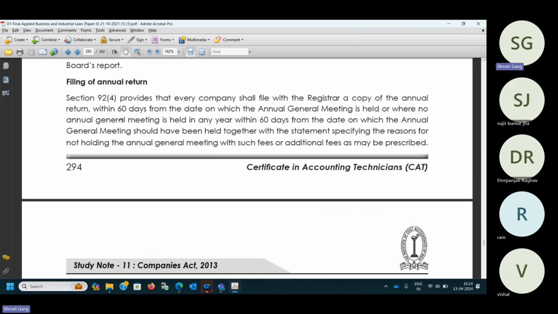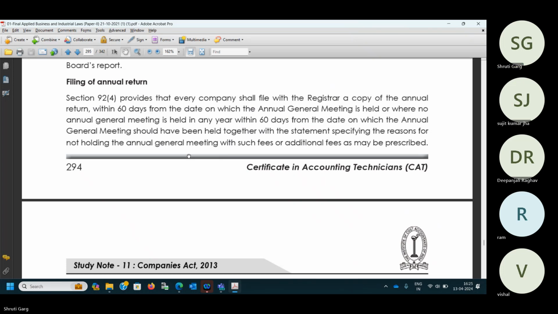See, every company will file the annual return with the registrar within 60 days from the date on which the annual general meeting is held. But when the annual general meeting is not held in that year, then within 60 days from the date on which the annual general meeting should have been held, together with a statement of reasons for not holding the annual general meeting.